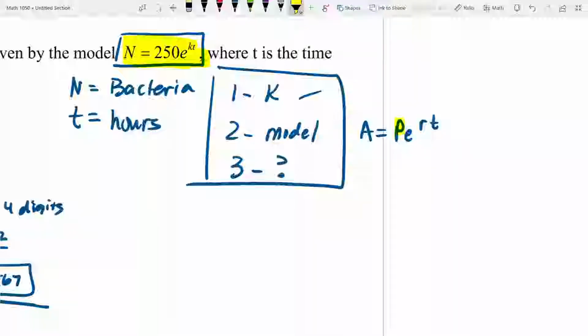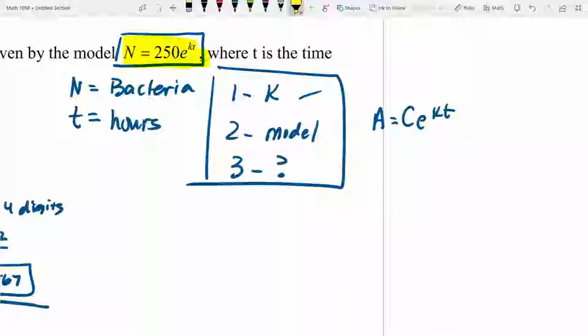I want you to write C e to the kt. It doesn't matter; we could have written Pe to the rt. I just wanted my letters to match up.